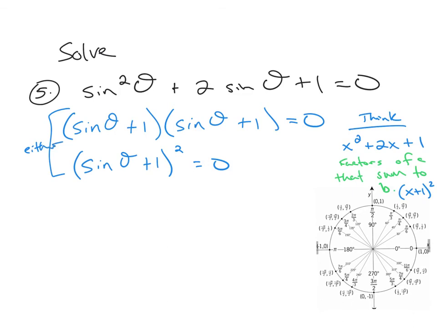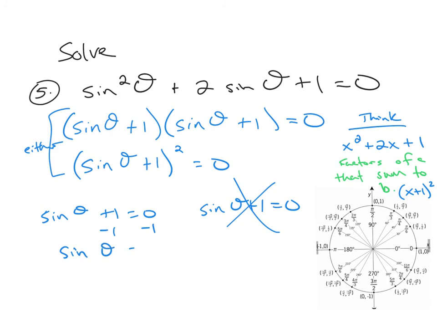And the reason I'd accept either is because when you then go and solve this, like if you wrote out sine theta plus 1 equals 0 and sine theta plus 1 equals 0, there's really no need for the second one. You're going to get the same answer. So it's really just solving one of them.